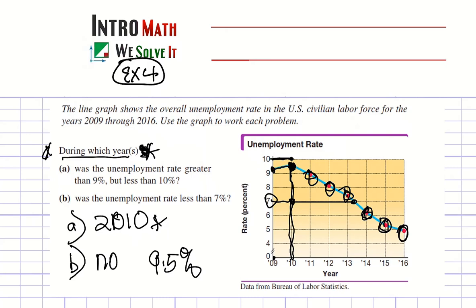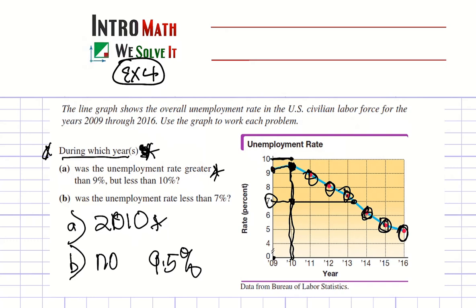Because you assume they're talking about 2010 based on this one here. During which year was the unemployment rate greater than, okay, was unemployment rate less than, see? Or maybe say during which years was unemployment, okay, I misread the question.